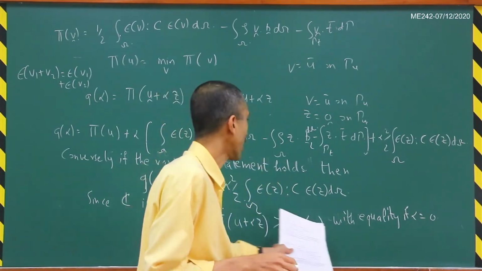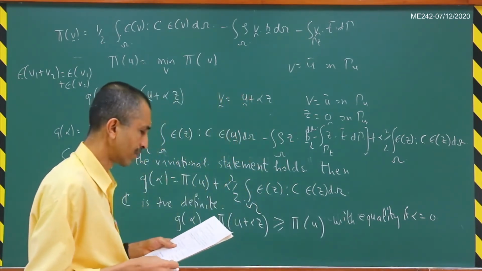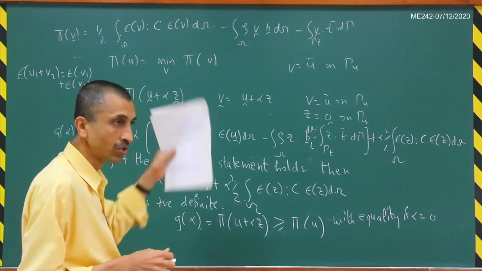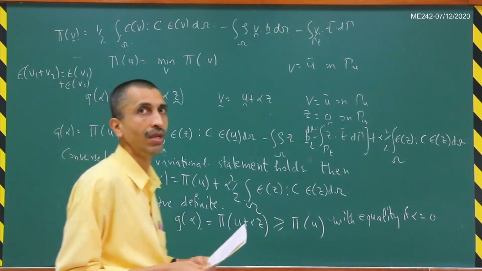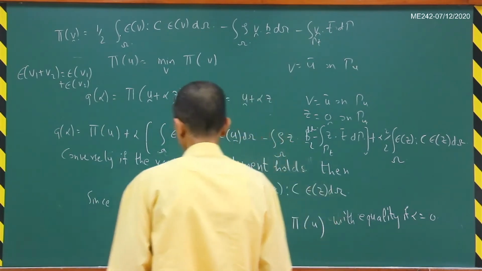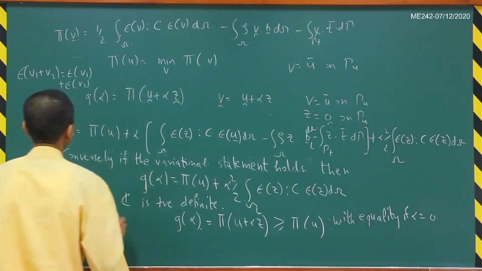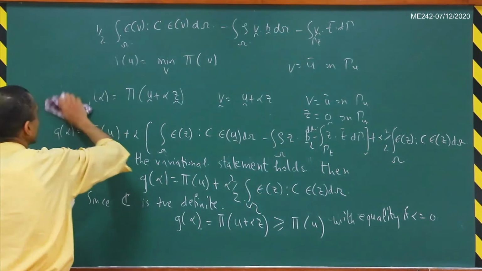Okay, so that is exactly what we have got now. Right? So that proves now the principle of minimum potential energy. Fine. Then we will go on to the next theorem, which is Clapeyron's theorem, the work theorem.